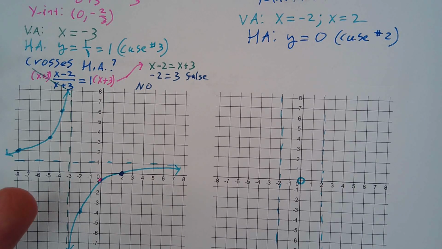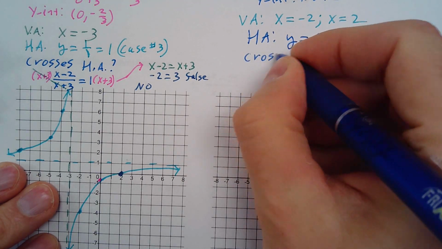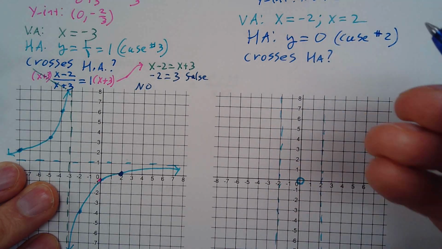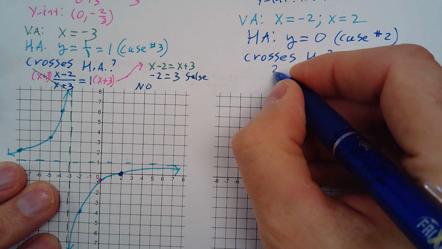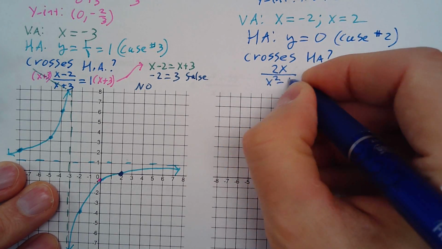Now question, does this cross the horizontal asymptote? Well, I'm going to leave it in unfactored form.